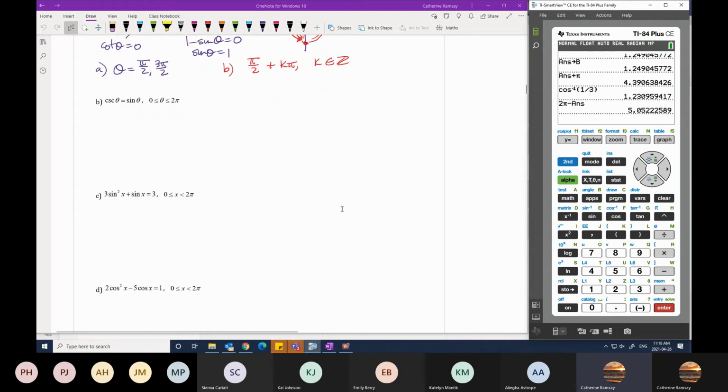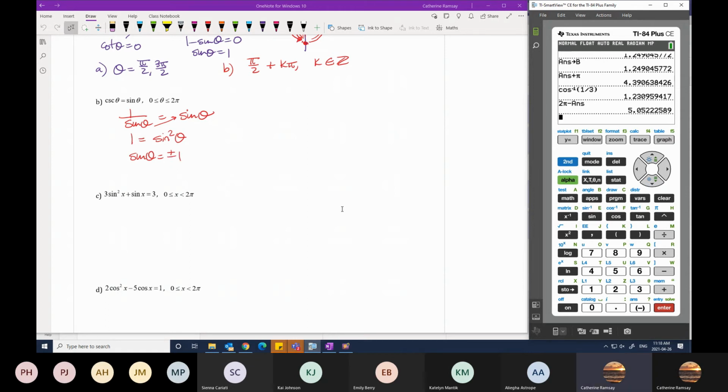Okay, so next question is cosecant theta equals sine theta. So at first glance, it's like, well, there's nothing I can do here. However, cosecant theta is 1 over sine theta, which is equal to sine theta. So then I can do a quick cross multiply so that I get 1 equals sine squared theta, which means sine theta equals plus or minus 1.